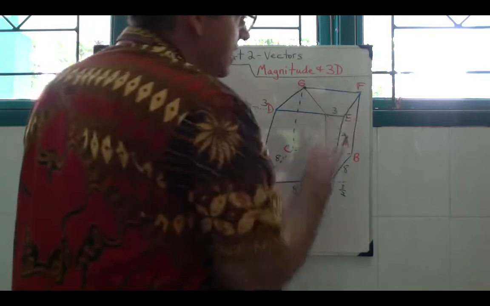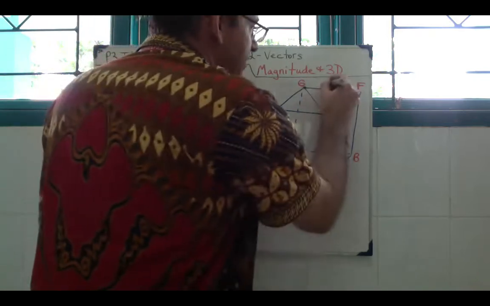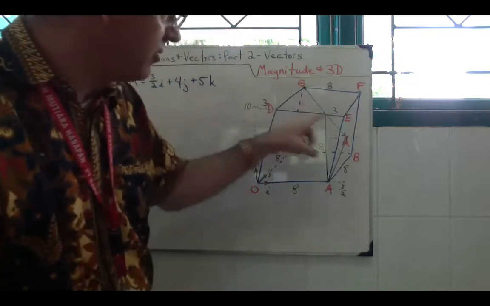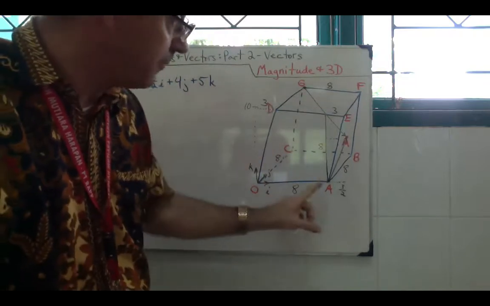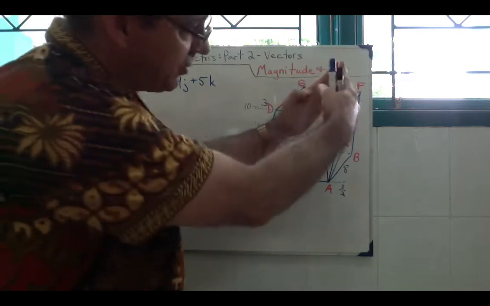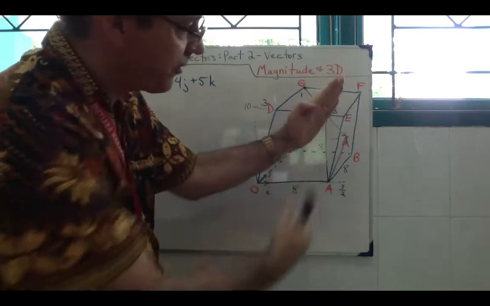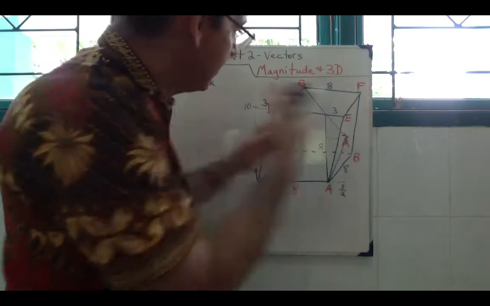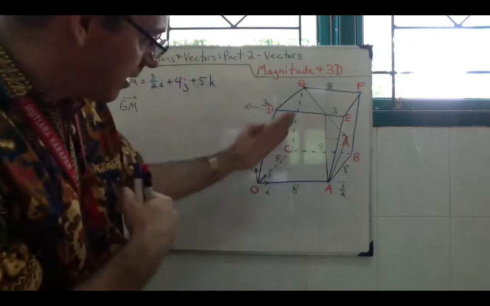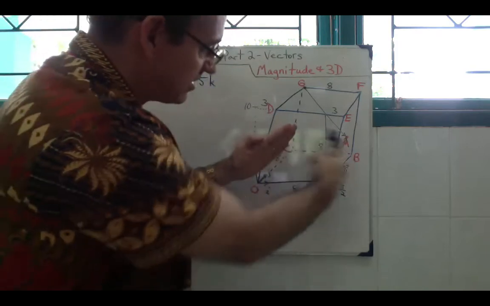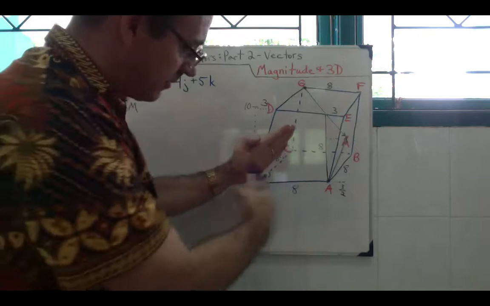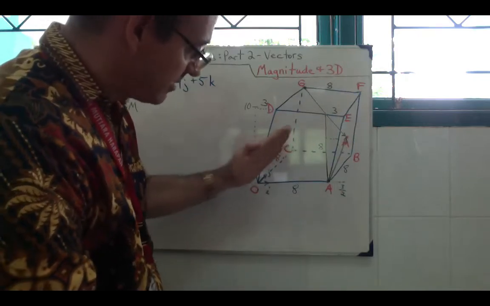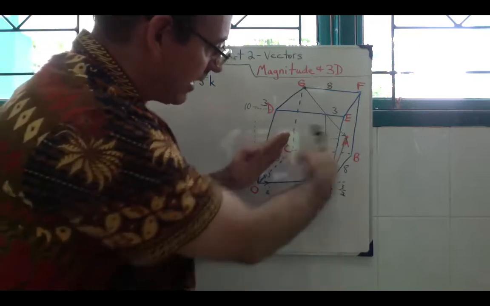Now from G to F is 8 units, because it's a square just like the bottom. But M is recessed in from the F. So F is at 8. Here, G is right along the J. So this 8 is still 8, even in the back, the front and the back, it's still 8 because it's along this J axis here. 8 going out I, 8 going out I.